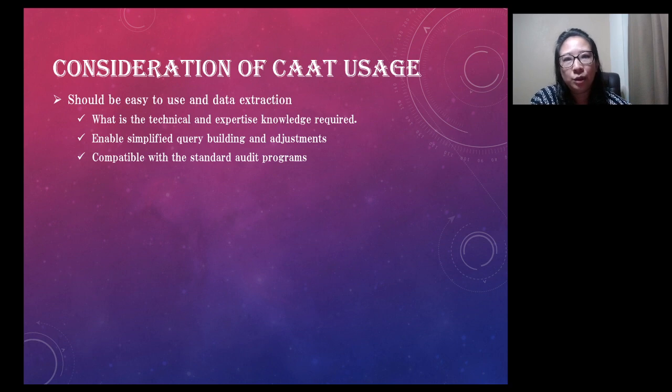And then we also need to check the compatibility with the standard audit program. So we need to know the characteristics, or the expectations of our client. What is their standard program?